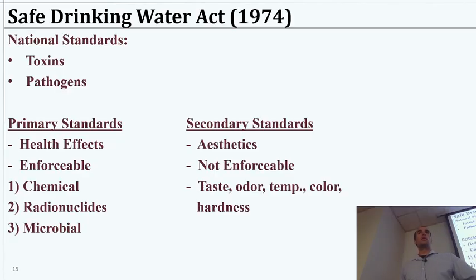So anything that could in some way poison you would be included in these primary standards. So primary meaning you must do it. These are enforceable by law. If you're not caring for these things, then you're in trouble. We might look at chemicals, radionuclides, and microbial categories of contaminants that could be a problem.